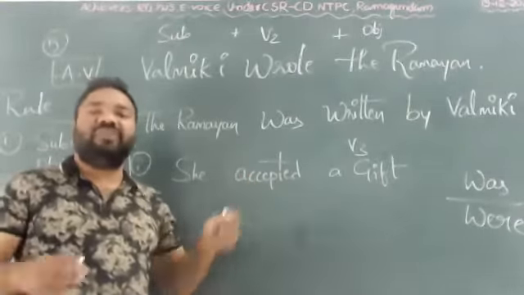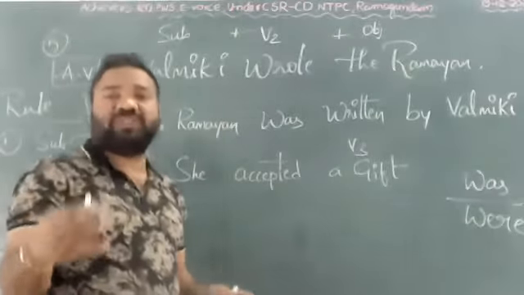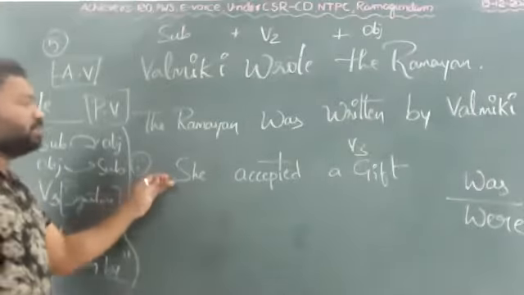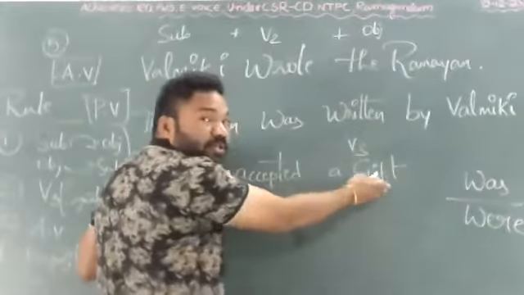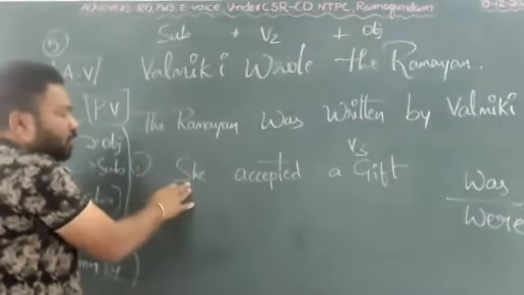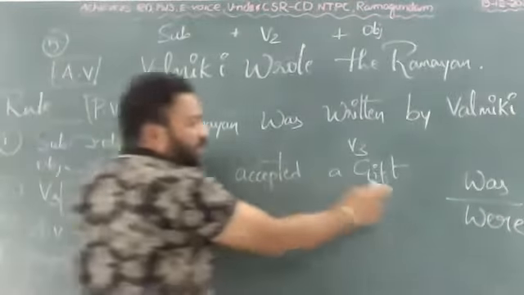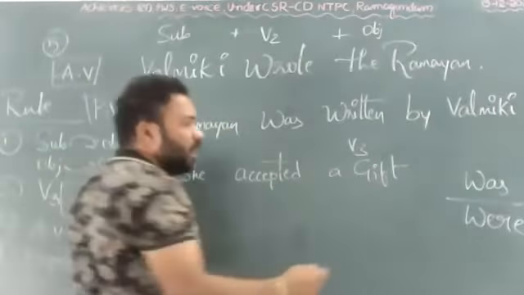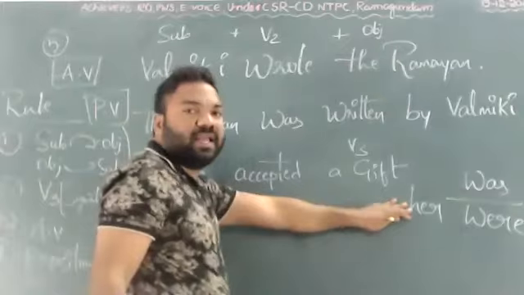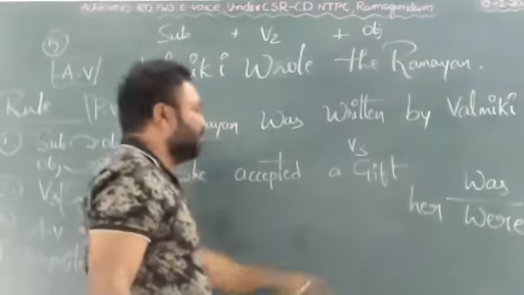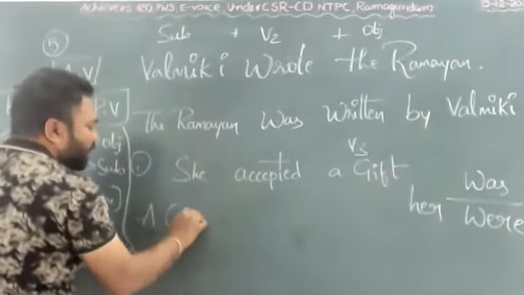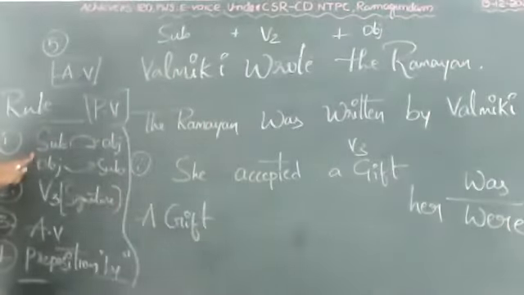In this sentence, we have to convert into passive voice, which is very easy. The first thing, what do we have to do? The object has to be shifted into the subject's place. So when she is shifted to the object place, it turns to her. She, her is the object pronoun. Next, a gift, a gift. I have written here. So the first rule is done.